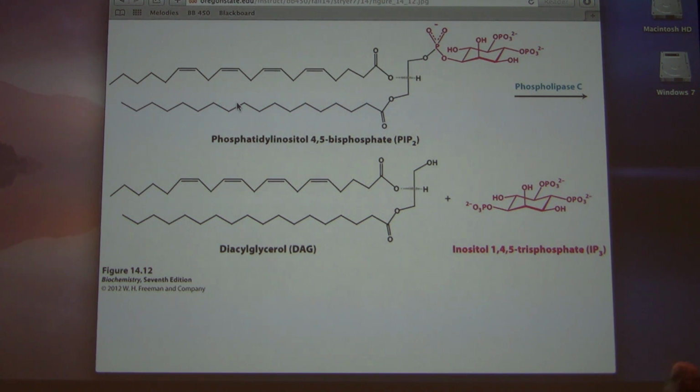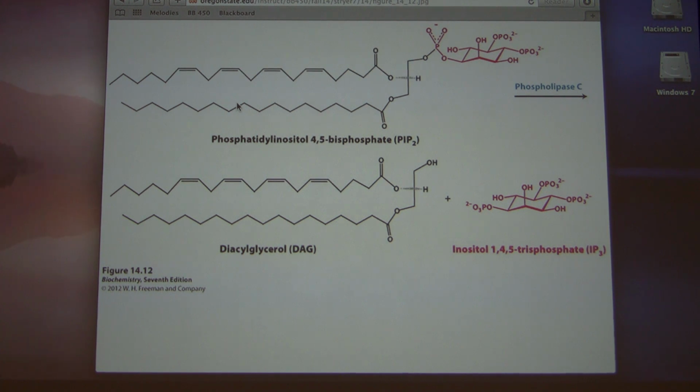Phospholipase C catalyzes the reaction that you see on the screen. And this reaction that you see on the screen is interesting and important. Okay? So if we look at the substrate for phospholipase C, it's this molecule up here, phosphatidyl inositol 4,5-bisphosphate, blah, blah, blah. You can call it PIP2. PIP2 is a very common molecule that we find inside of cell membranes.